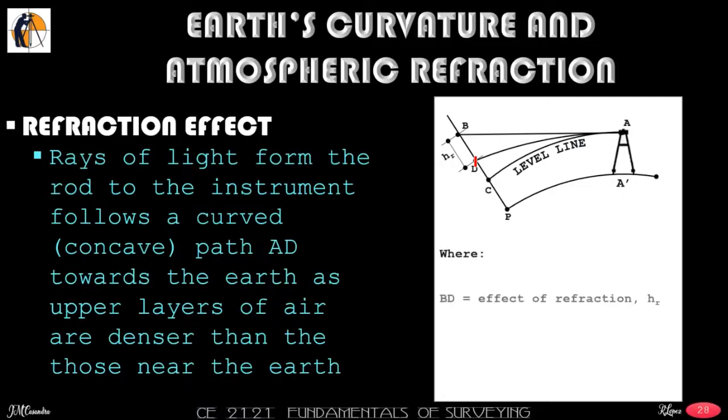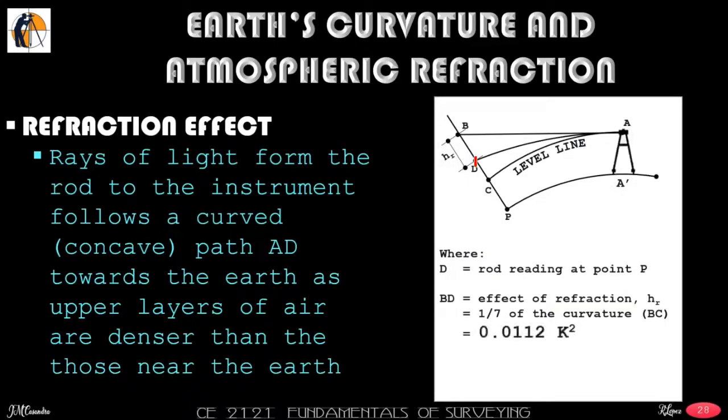So BD is your effect of refraction. D is the rod reading at point P. Your effect of refraction is 1/7 of the curvature, or about 14% of the curvature. So this is equivalent to 0.0112 K squared.